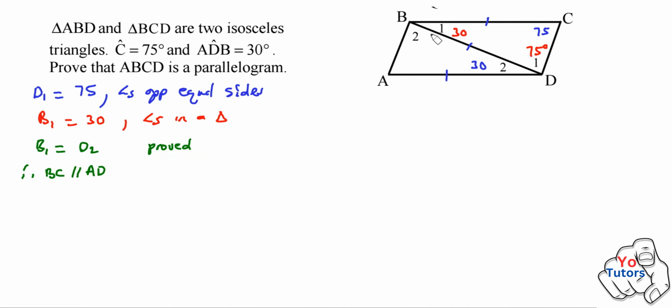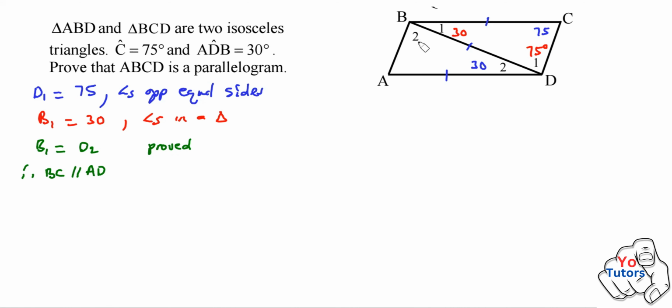We can now safely say this is also a co-interior angle. So we can now find A. How are we going to find A? We need to find this angle here.